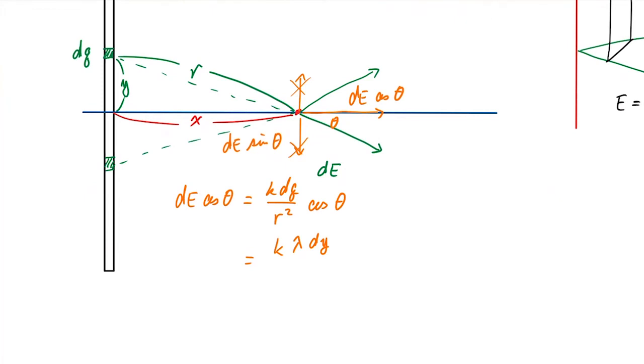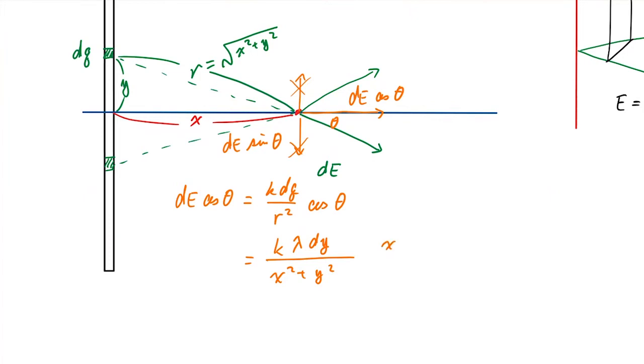Is R equal to x squared plus y squared? So far so good. So our R here is x squared plus y squared. Good. What is cosine theta? It's x over r, isn't it? So let's put it here.